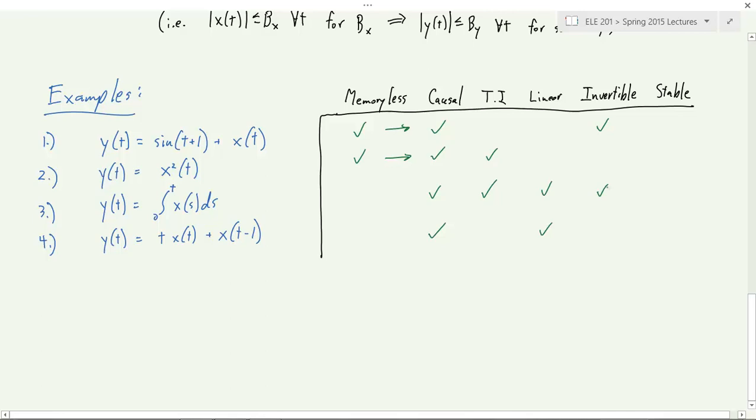What about which ones of these are going to be stable? If they have a bounded input, you can guarantee they have a bounded output. The integral you say is, but it's not, because if you integrate a constant, it just keeps growing. Okay. There are two of these that are stable. The square, yep.